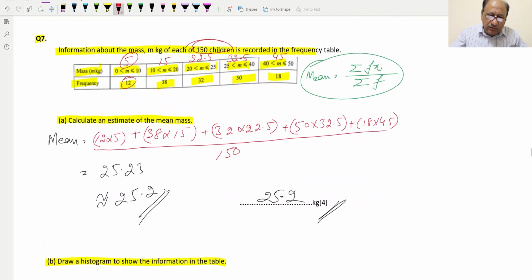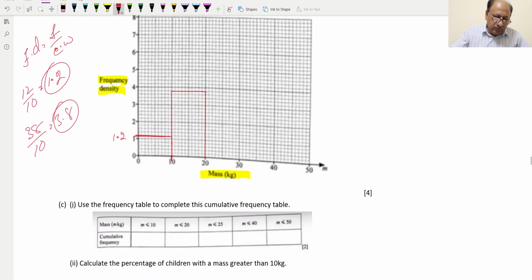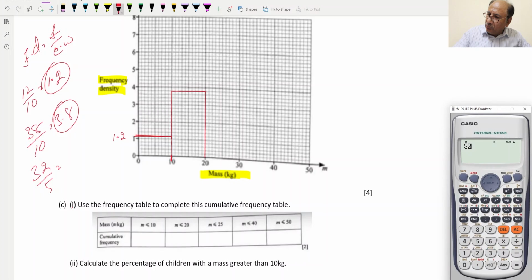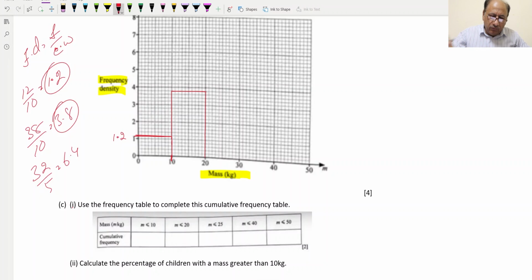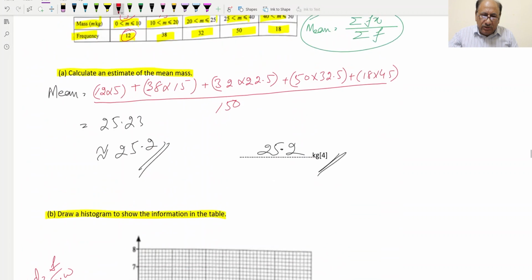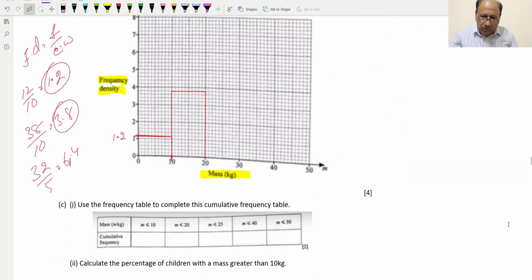Third bar we can check. Third bar is 32 and the difference is 5, so the range is 5. So 32 divided by 5 is equal to 6.4. So 6.4 we will be taking from 20 to 25. 25 is up to this one, and 6.4 will be up to this point, and we can draw this as well.